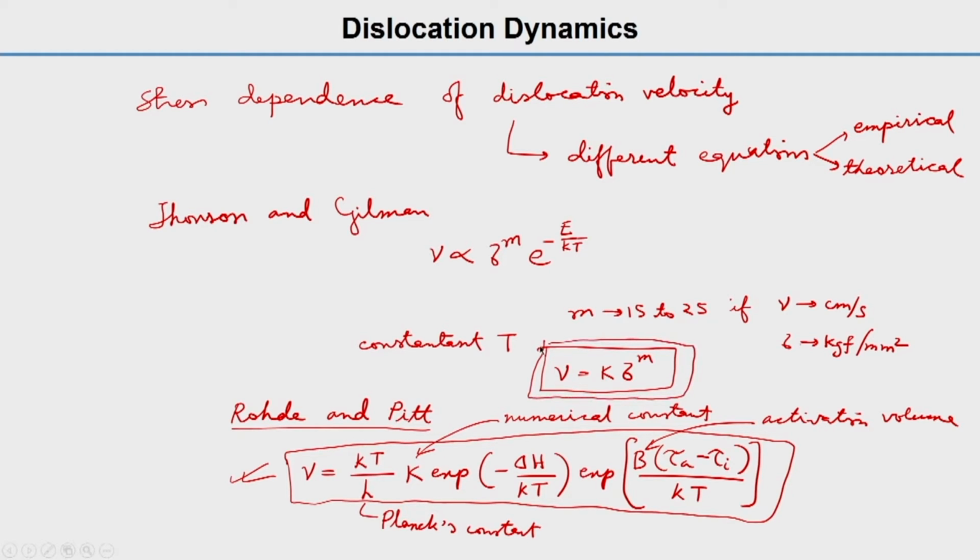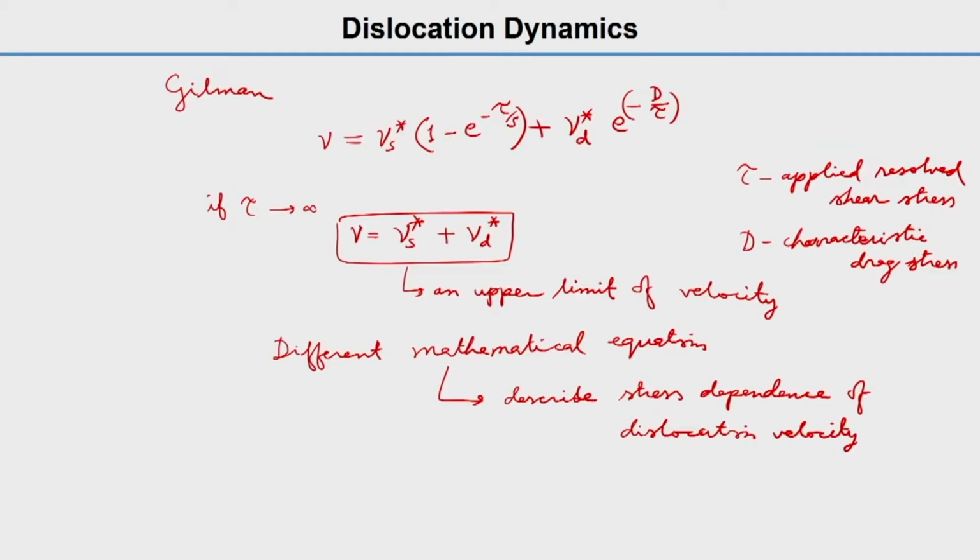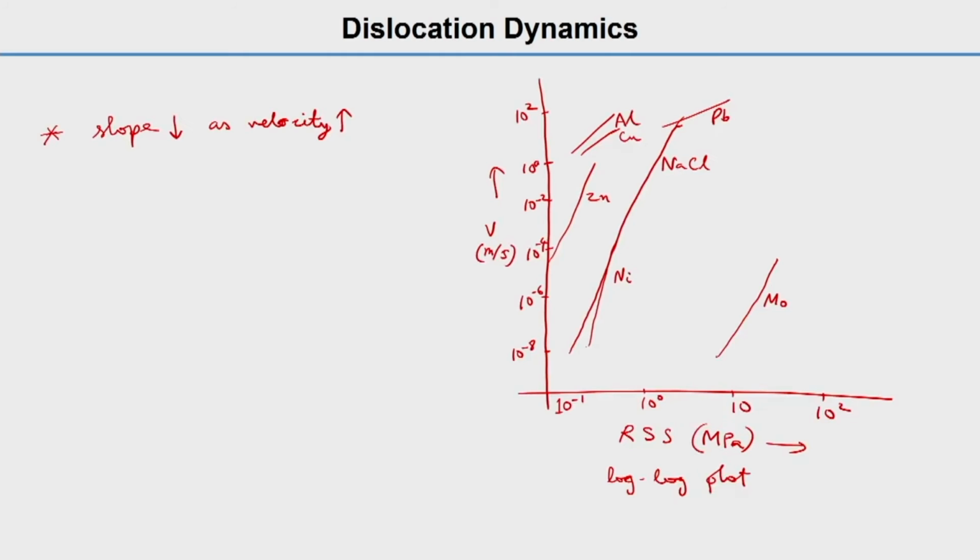So different mathematical relations are proposed, but the overall trend you can see from this plot, which was compiled from different references and published in K.K. Chawla's book, Mechanical Metallurgy.